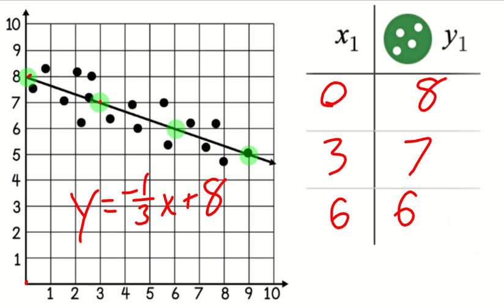And then we got 9 and 5. Yeah, and like I said, how many of these points do we need to use? 2. So it doesn't matter which one of these 2 we use. You just got to use 2 of them, but you got to put it in correctly, right? Any questions on that?